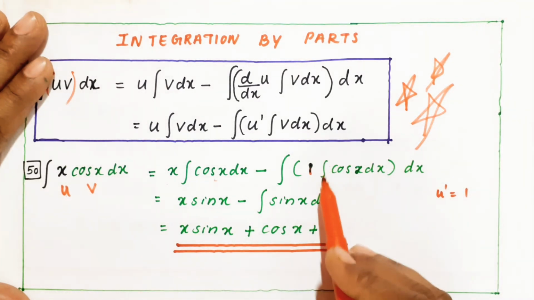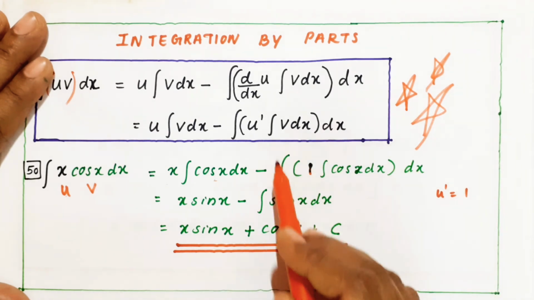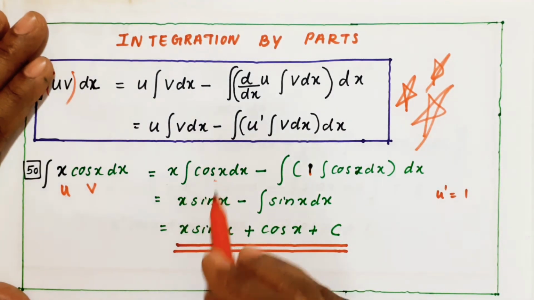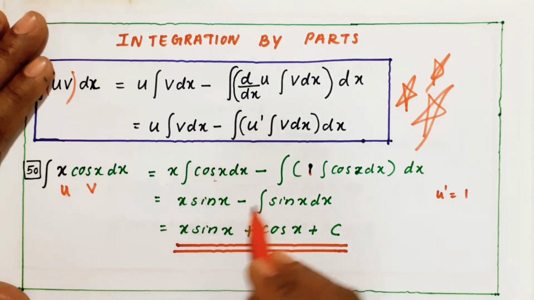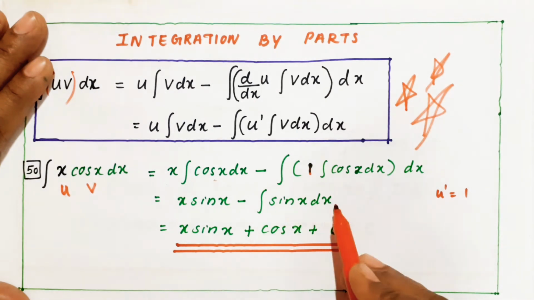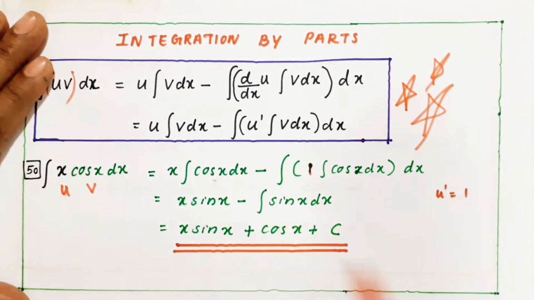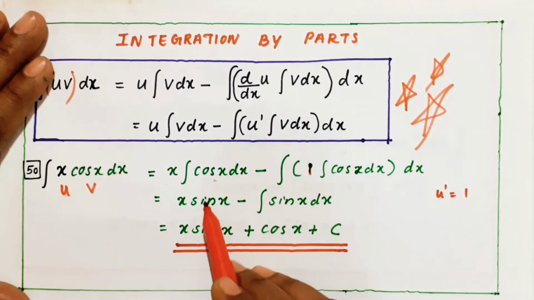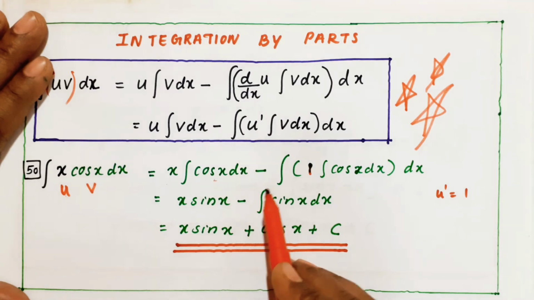This dx is for this whole integral. x into, what is integral of cos x? Sin x, minus integral of sin x dx. So the next term, x sin x minus integral of sin x.